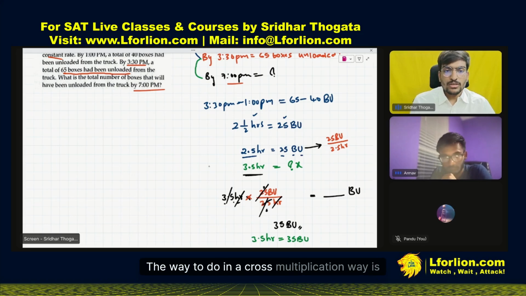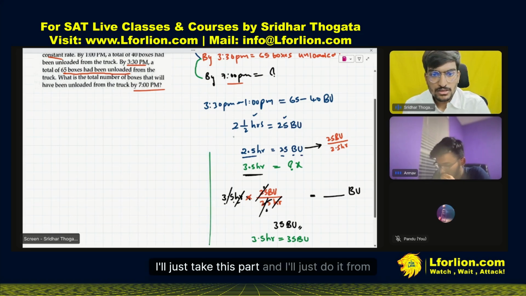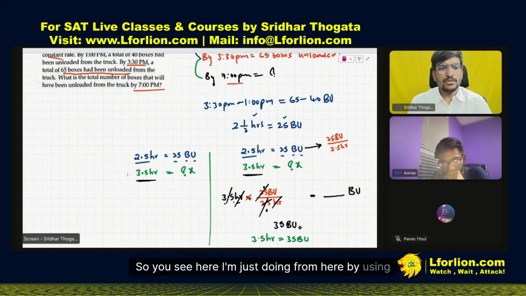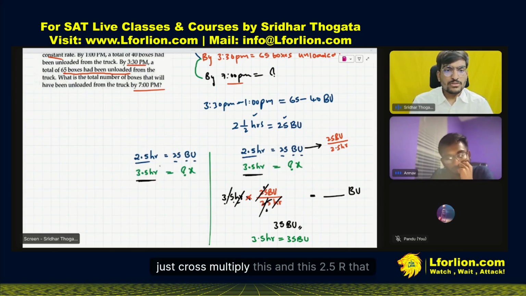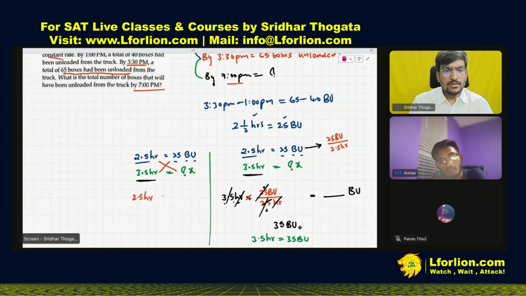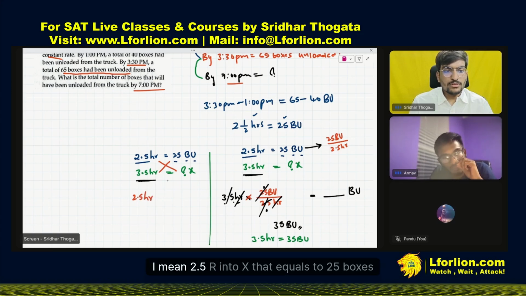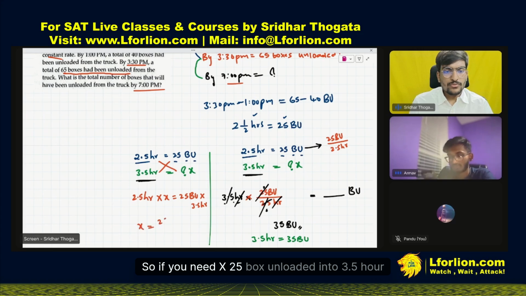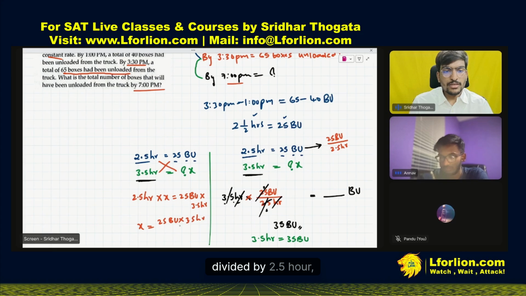The way to do it by cross multiplication is just to cross multiply this and this. 2.5 hours times x equals 25 boxes unloaded times 3.5 hours. So x equals 25 boxes unloaded times 3.5 hours divided by 2.5 hours.